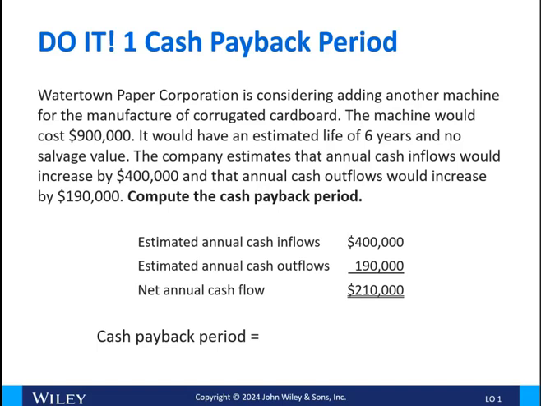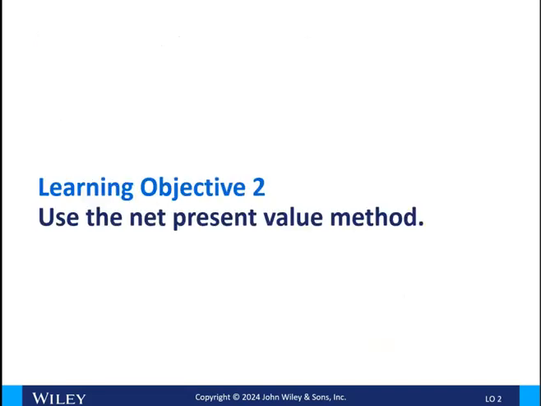Again, it's the investment divided by the cash flow. So the 900,000 divided by 210,000 is 4.3 years. So that's just using simple cash flows to see when we recoup our money.